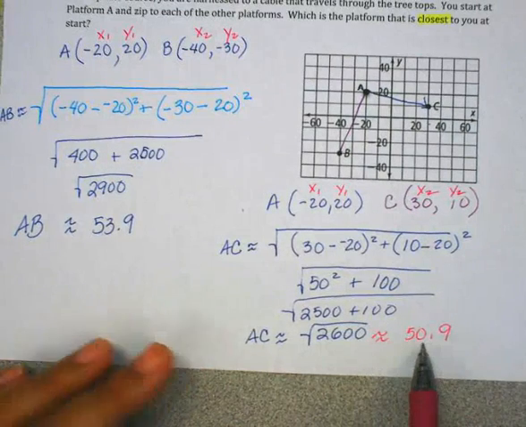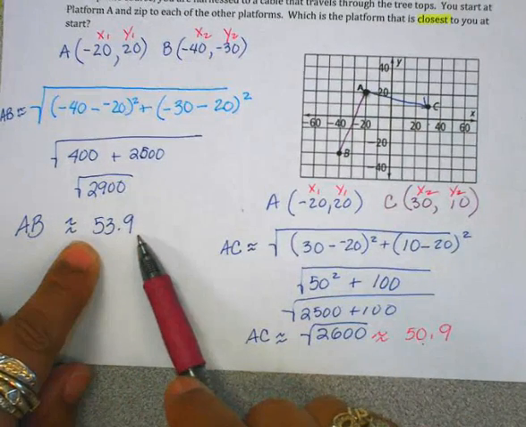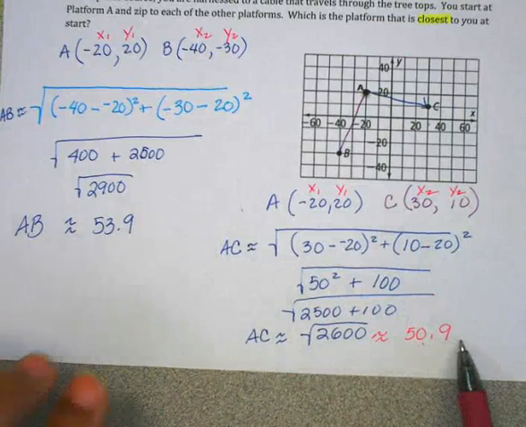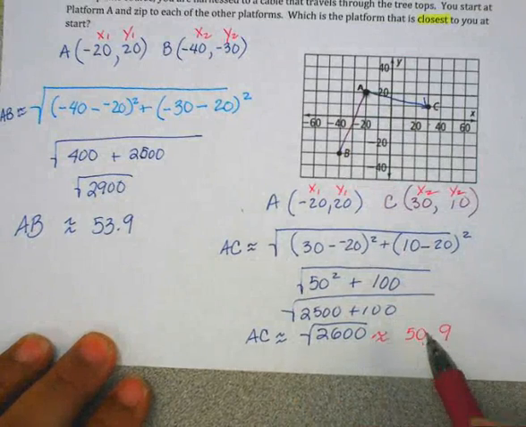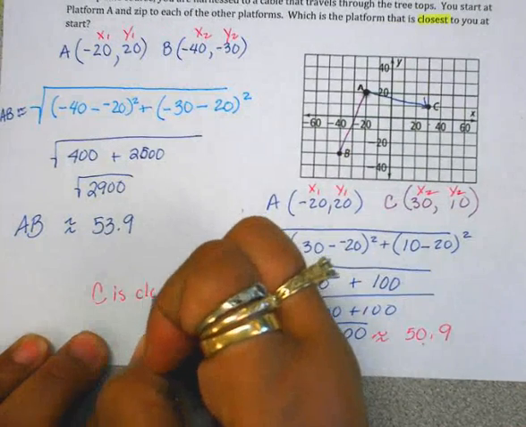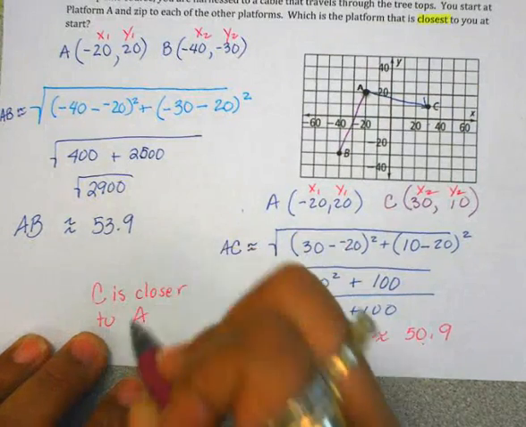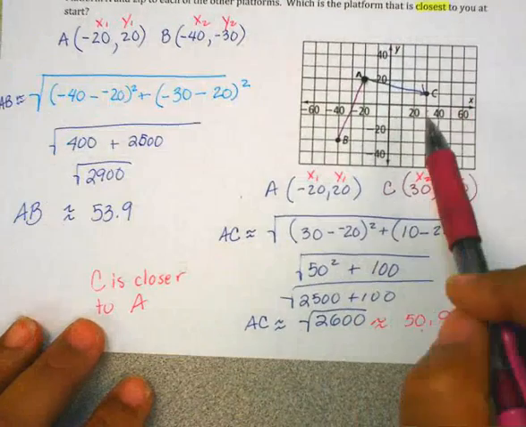So since 53.9 is longer than 50.9, the distance from A to C is shorter, so C is closer to A. So which platform is the closest? C.